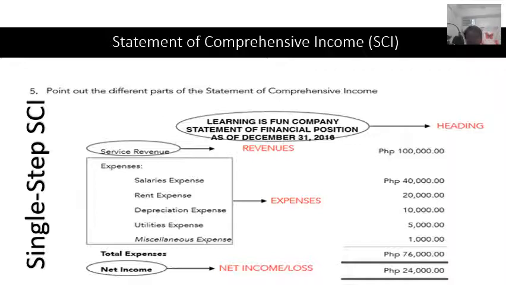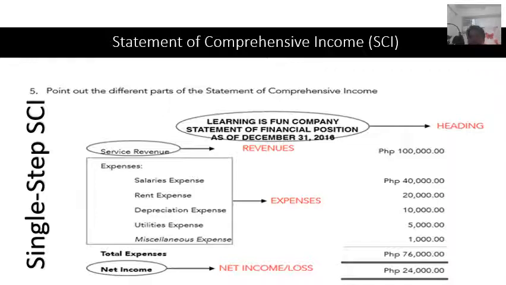Net income or net loss, the fourth part. So, how is that computed? Of course, it is just the difference of revenue and expense. So, net income is when positive. But if negative, of course, net loss. So, for example, the revenue is 100, but the total expense is 150. So, there is a loss of 50,000. That is called net loss.